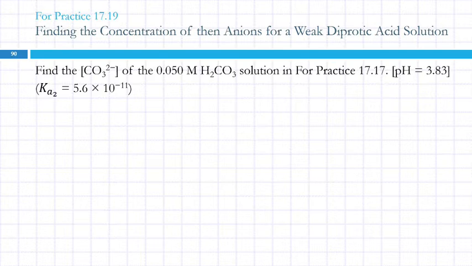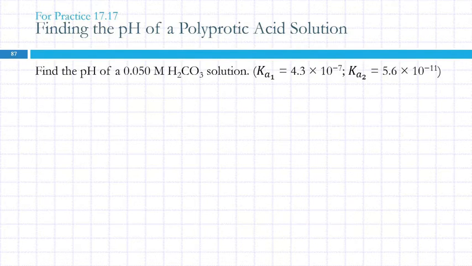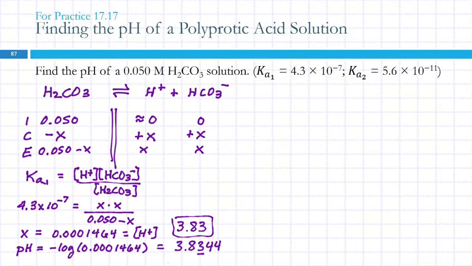So this says, find the carbonate ion concentration of the 0.05 molar H2CO3 solution from that other example. And through the magic of computers, there it is. So what I'm going to do is I'm going to copy this.